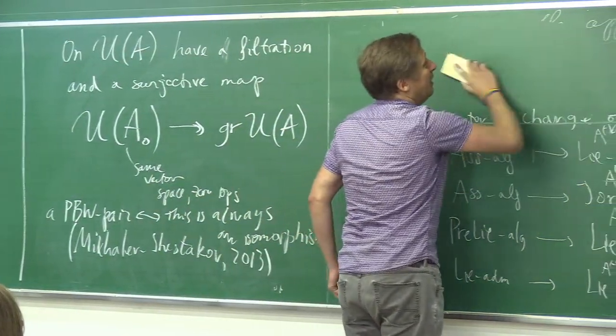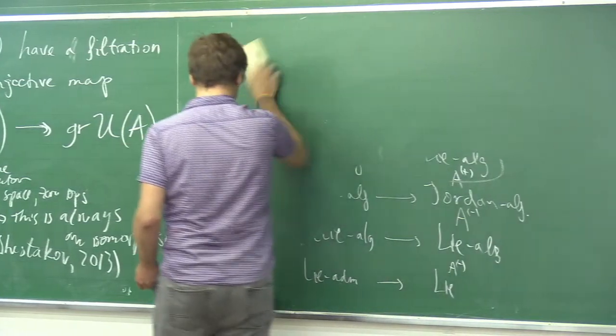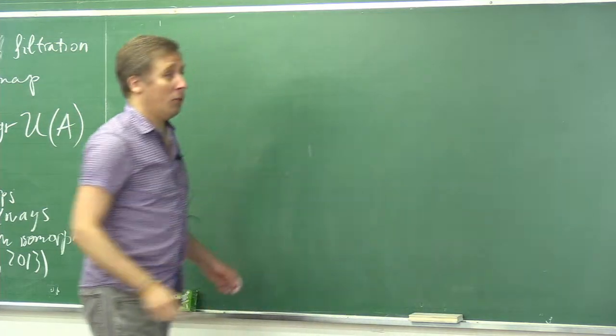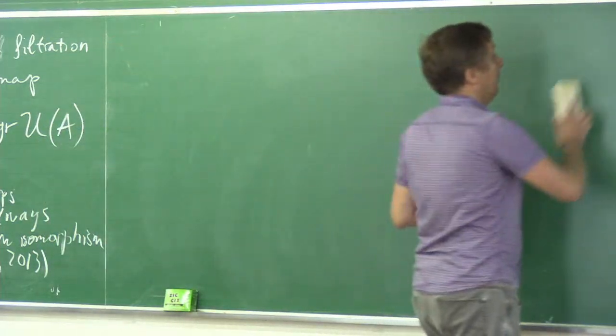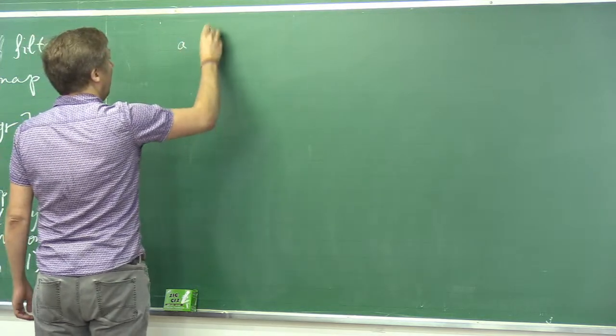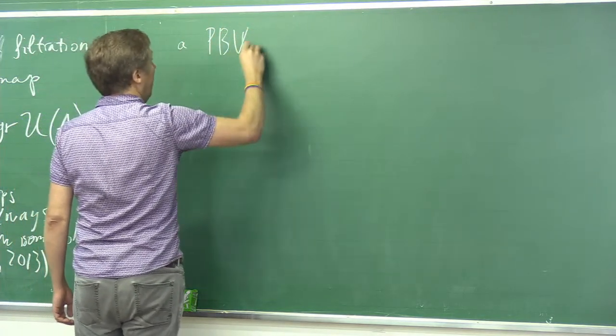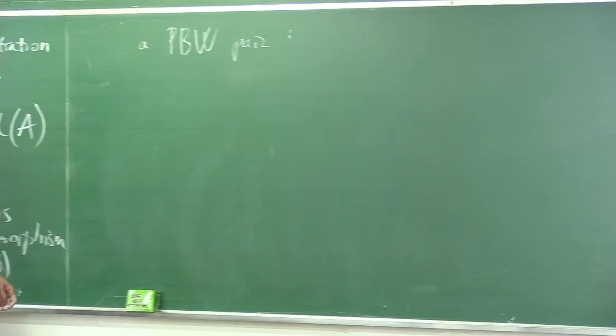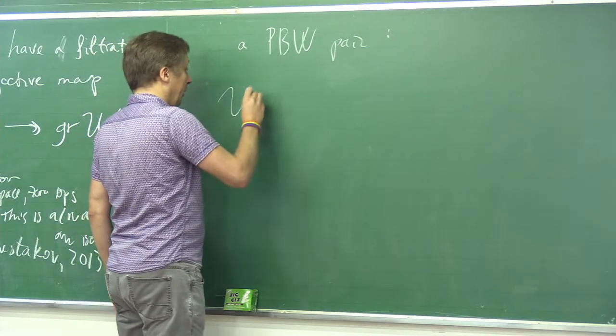Let me slightly modify this definition and then explain to you how to obtain something interesting out of that slightly modified definition. So a PBW pair, in the way I'm going to think about it in the remaining few minutes of this lecture, is the following.